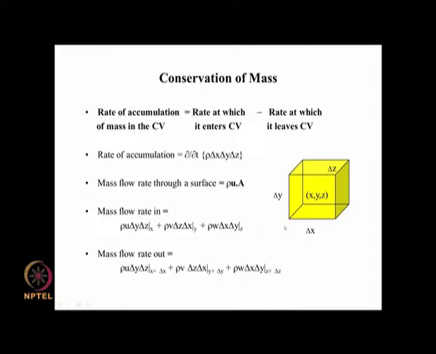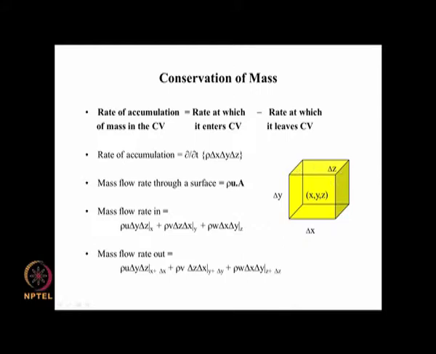That is the coordinate system, and this particular box has a length of delta x in the x direction, a length of delta y in the y direction, and a length of delta z in the z direction.